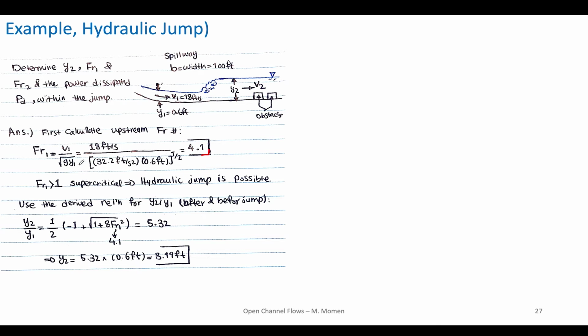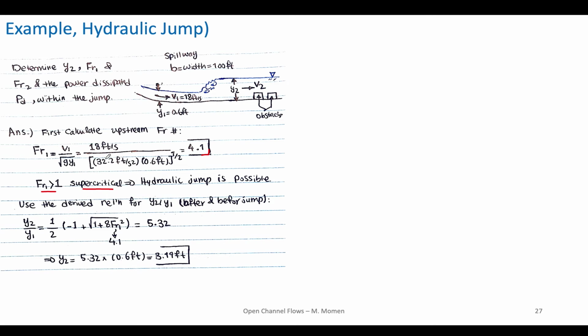Okay. So as you can see, the upstream Froude number, 4.1, is greater than 1. So here we have a supercritical flow. And as you remember, a hydraulic jump is possible in this regime.